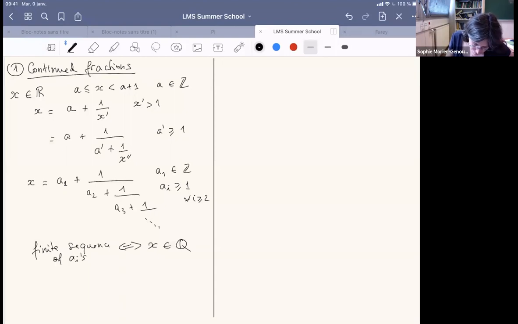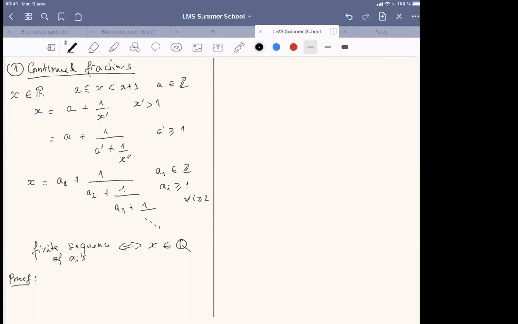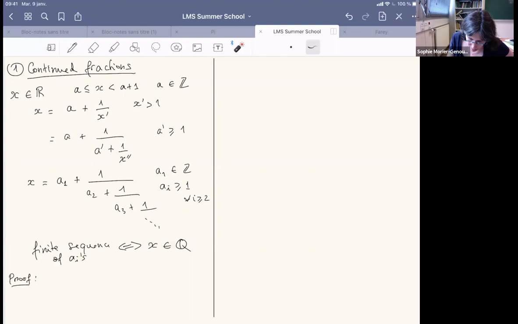Let me give you a few moments to think about this, and let's call this a proof, but it's going to be kind of a fast proof. Of course, if the sequence is finite, then you can rewrite everything as a single fraction, numerator, denominator. So it's clear that if it's finite, it is rational. So this direction is okay.